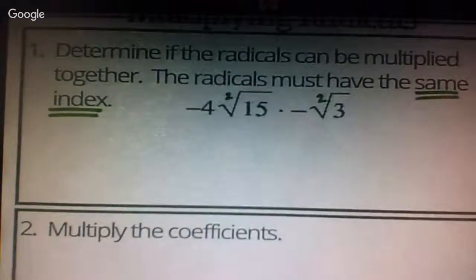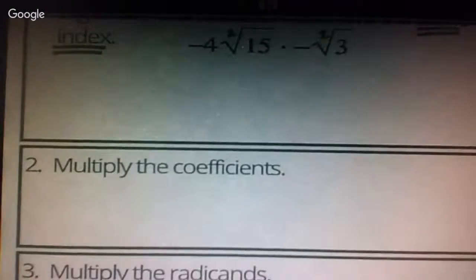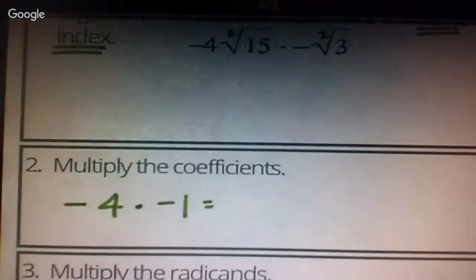Okay. So again, if there is not an index written, it is always the square root. Okay. So once you've identified that you can do this, here's your steps. Step 2 says multiply my coefficients. So we've got -4 times -1. That equals +4.